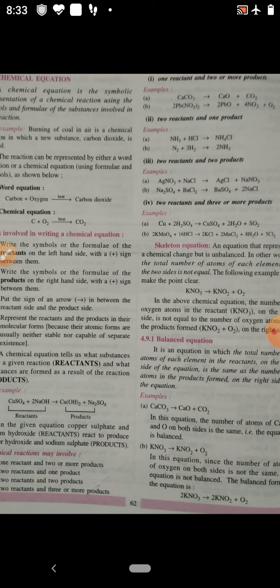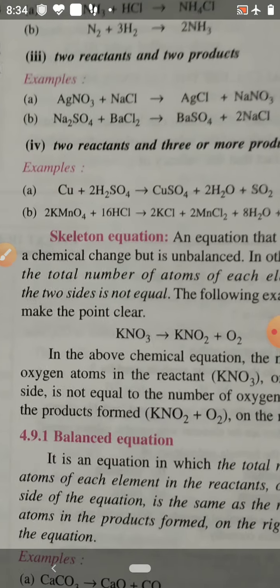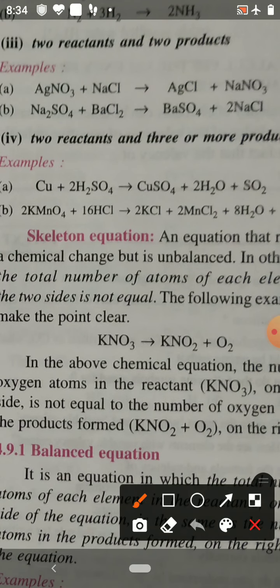Children, you have to know the types of chemical equation. There are two types of chemical equation. First is skeleton equation. A chemical equation in which the total number of atoms of each element on the two sides is not equal.